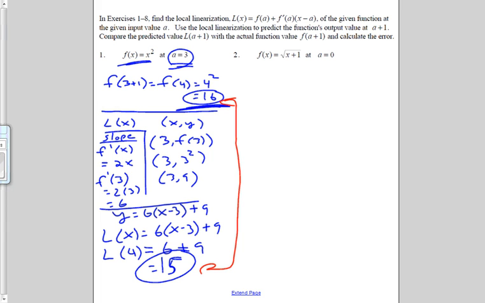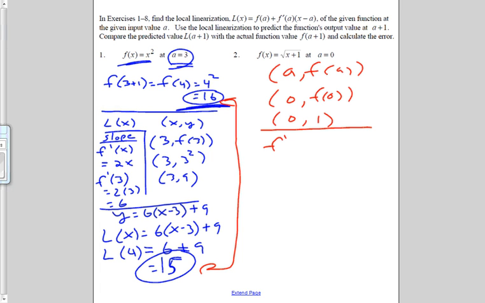So the first thing that we need to do is find a comma f of a, find the point. Well, the point is 0 comma f of 0, which is 0 comma 1. So that's the point on the function, and then the slope, f prime of x.